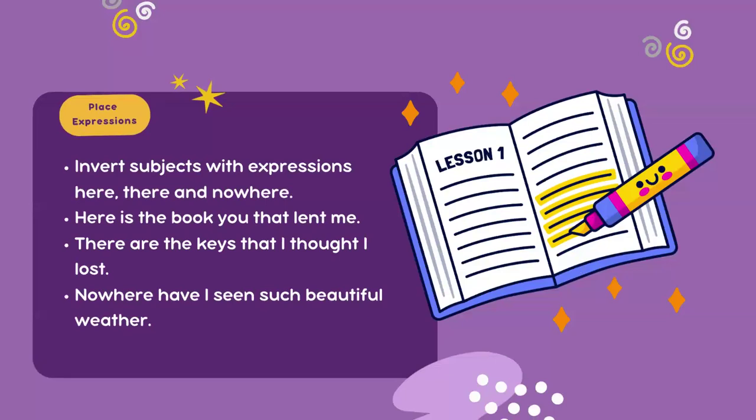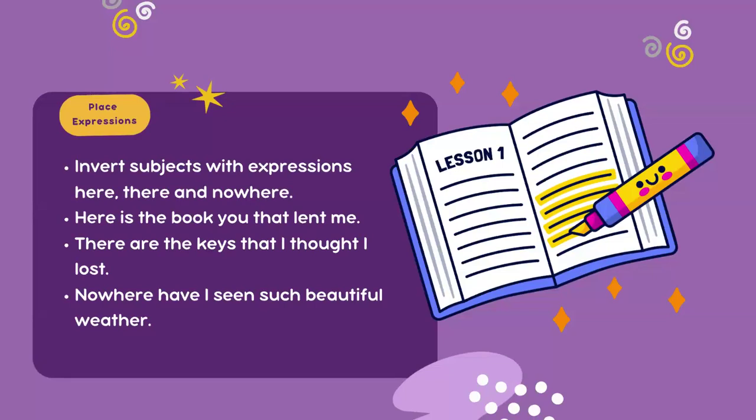Now, another case in which we make inversion of subject and verb is in place expressions. Invert subjects with expressions here, there, and nowhere. For example, here is the book that you lent me. There are the keys that I thought I lost.